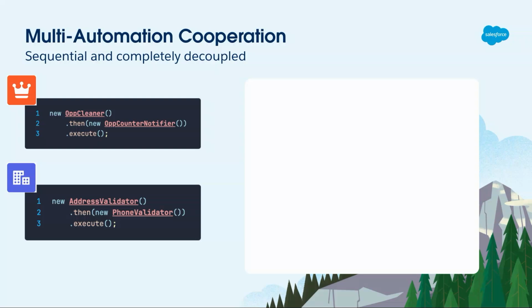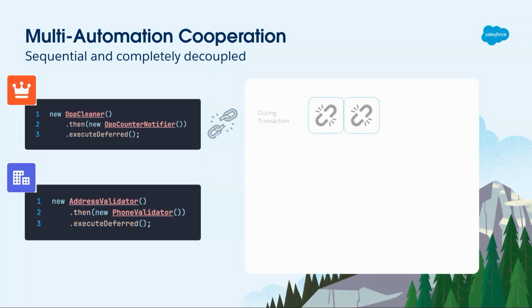From the perspective of the developer who is going to orchestrate these processes, there's a very simple change. Instead of using the execute method, it's going to be the execute deferred method. What this does is that at the moment we execute this method, it grabs that chain, unlinks it, and puts it in a queue.